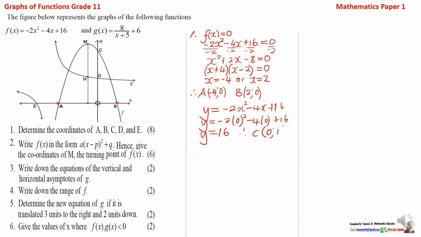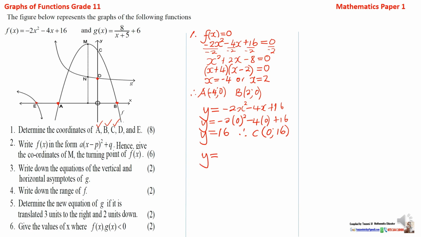Please take note, if an instruction says find the coordinates of a particular position, then you must write the x and the y coordinate. Now, I've determined the coordinates of A, B, and C. I'm left with the coordinates of D and E. If you look at D and E, we notice that they are the x and y intercepts of the hyperbola.